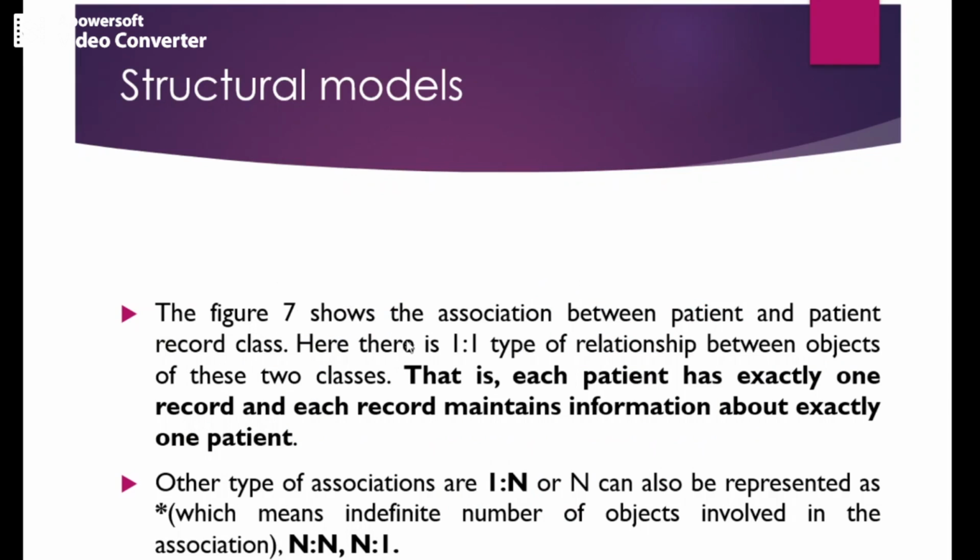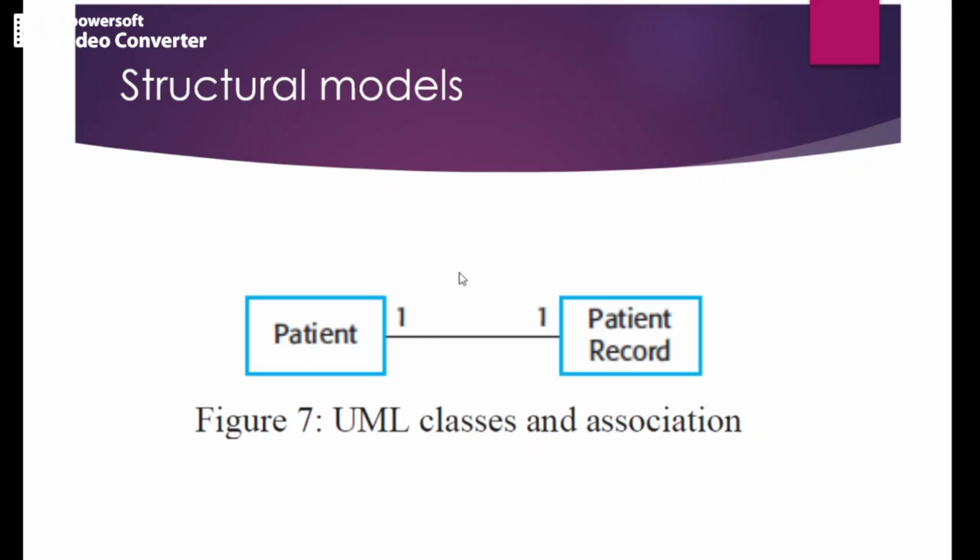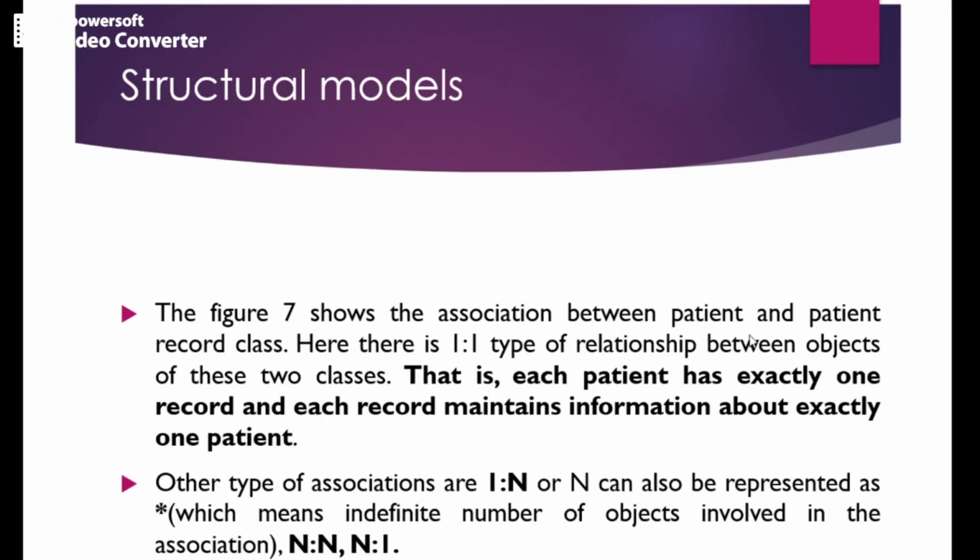Figure 7 shows the association between the patient and patient record classes. So what is this association here? It is a 1:1 type of relationship. Here it is written 1, here also 1. So the association indicates a 1:1 relationship between objects of these two classes.